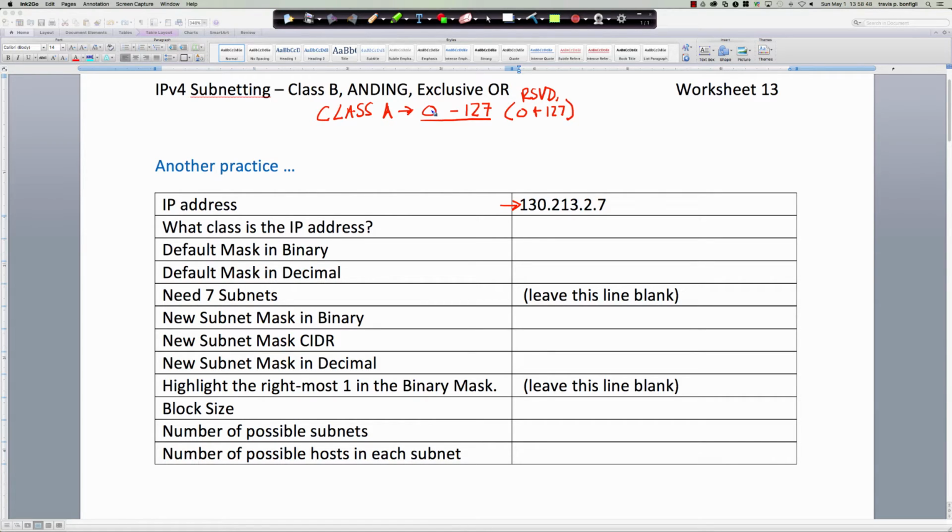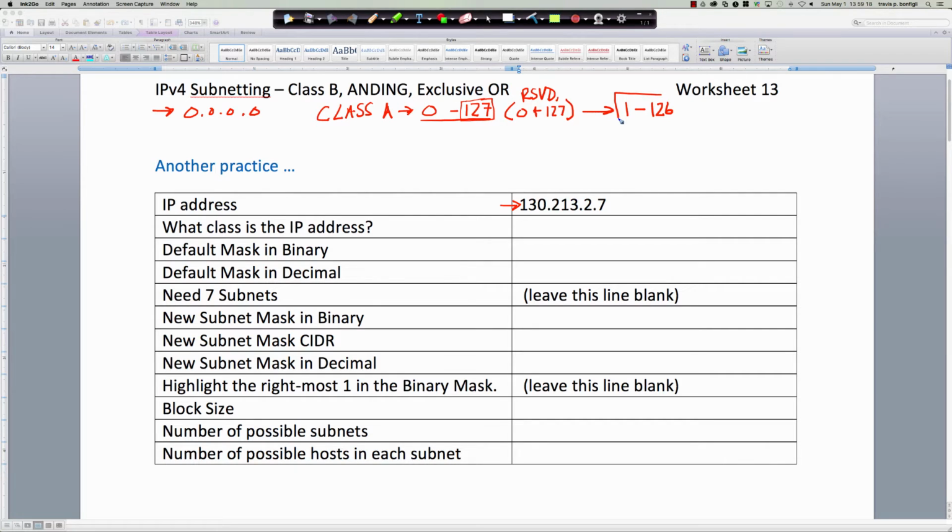And remember, the all zeros, 0.0.0.0, typically will be used to represent the default route, right? And then 127 is considered to be the internal loopback range. So those two ranges can't be used. So now the usable range within the Class A addresses is going to be 1 to 126.